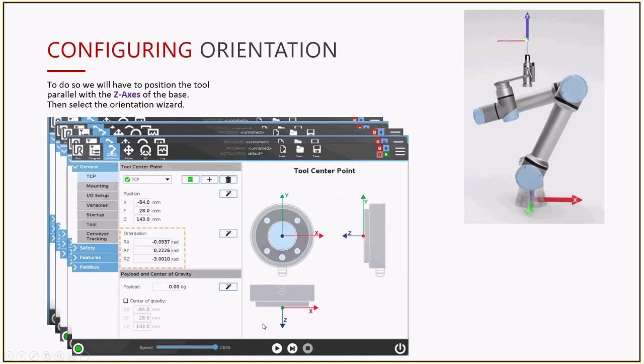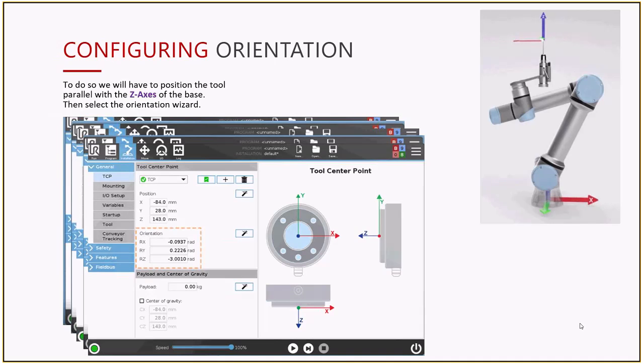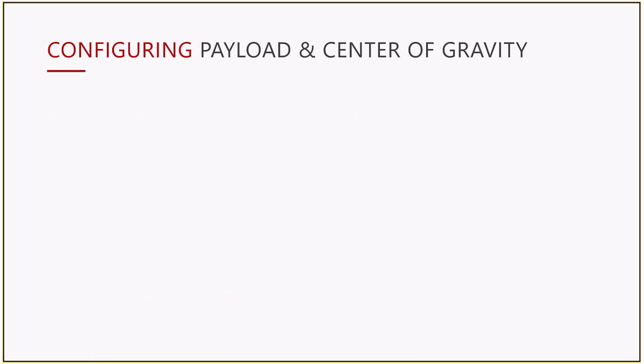With the orientation, you don't really have to put 4 points in. It just sees that, okay, cool, it's parallel with the base frame, so I know where the orientation is at the moment, and that's what it's going to use in the program. So that is for the orientation part.